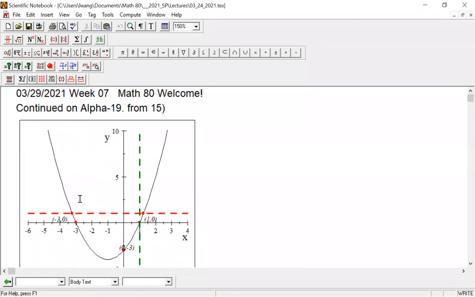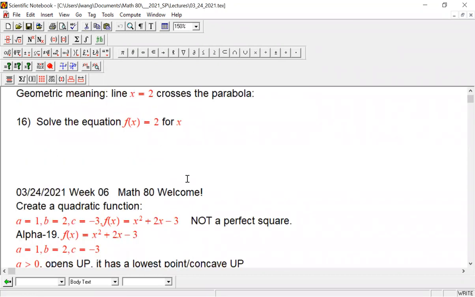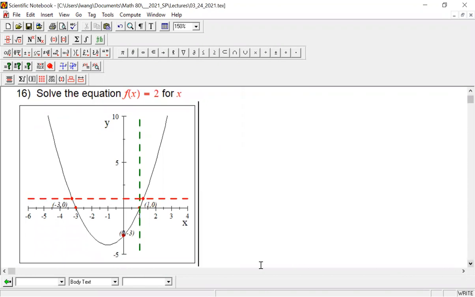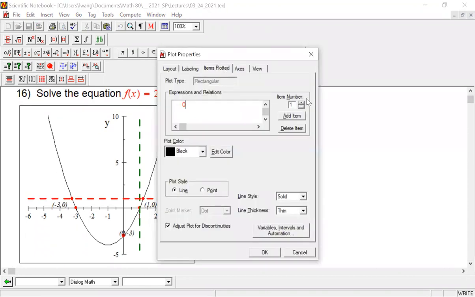Okay, so how does that work? This time, we're going to draw a vertical line, and this time it is 2.